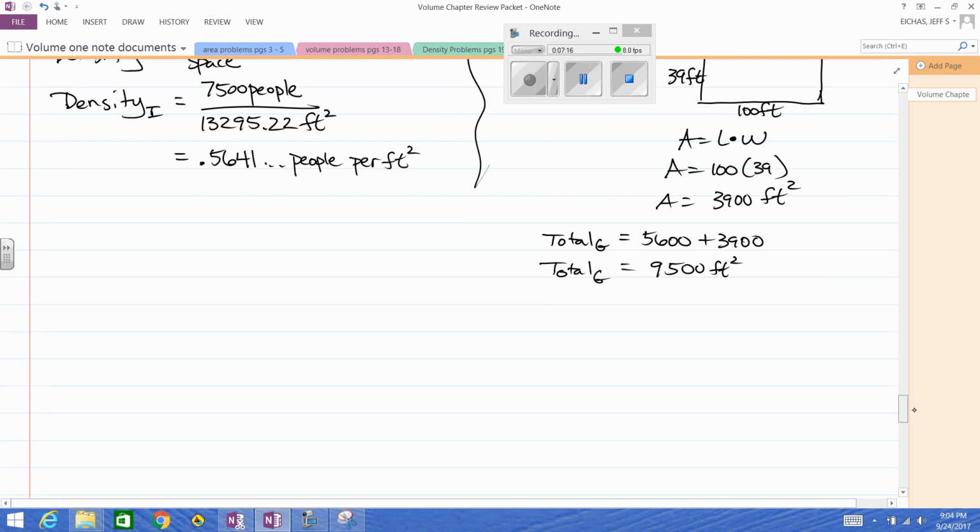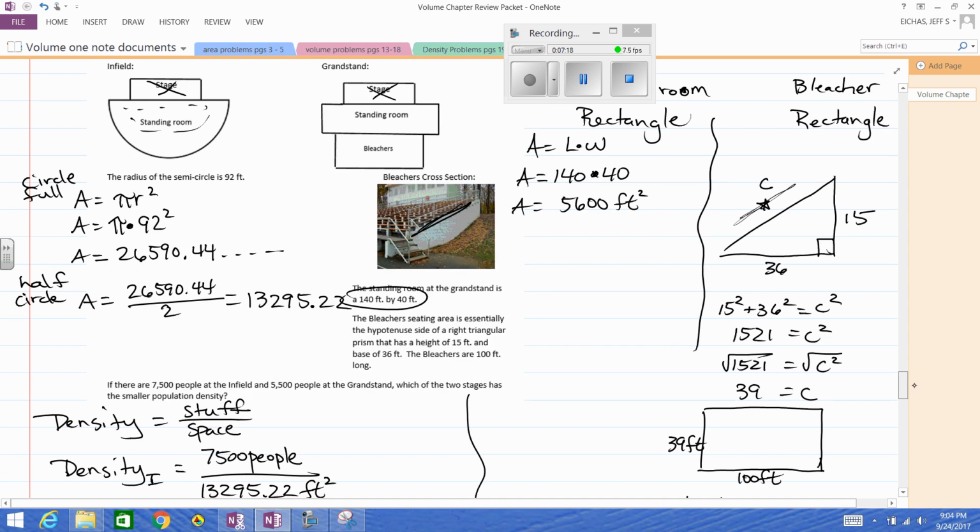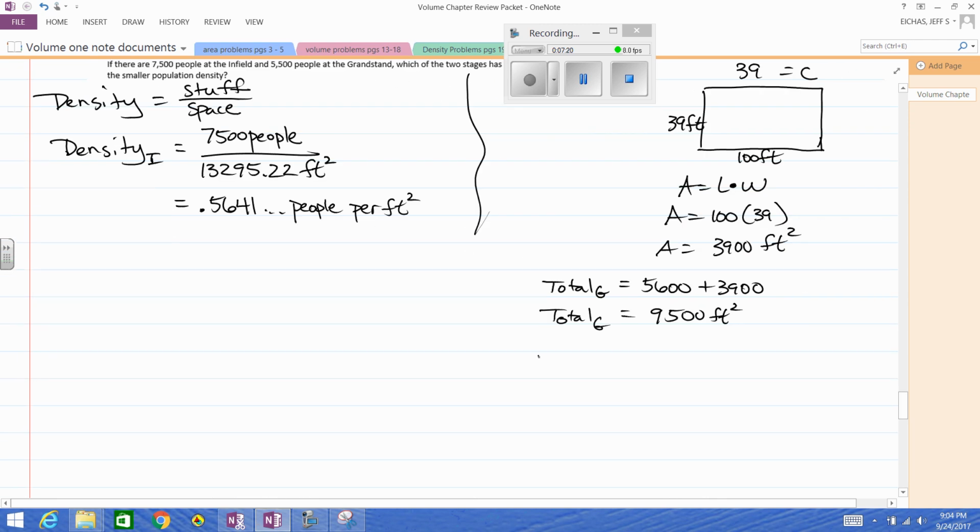Now that is over the course of 5,500 people. So now we're at the density of the grandstand: 5,500 people over the area of 9,500 square feet, and it's pretty close. The density of this is 0.5789 people per square foot.